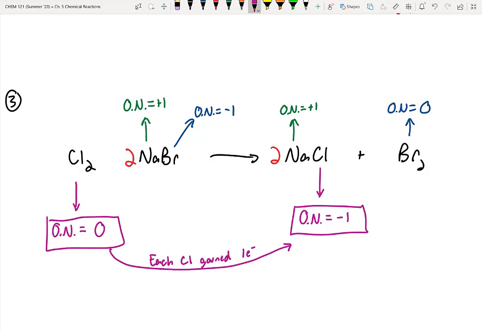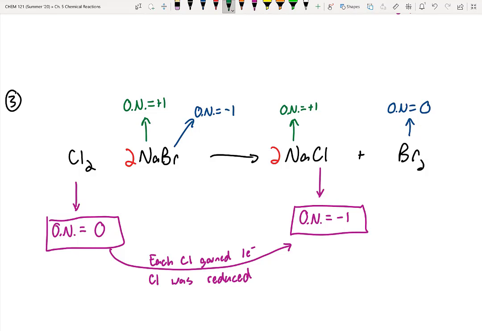Okay. And if we're gaining electrons, what does that mean? Were we oxidizing it or reducing it? Reducing. Reducing, right? Because it gained electrons. So gains electrons is reduction. So chlorine was reduced.